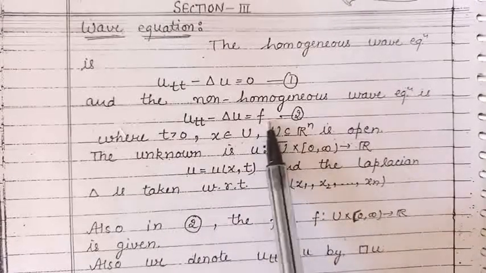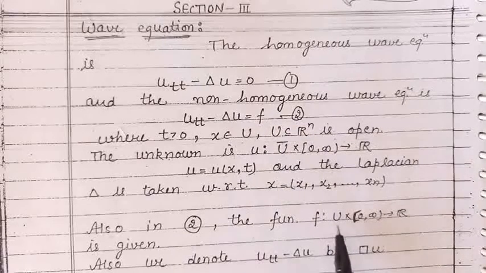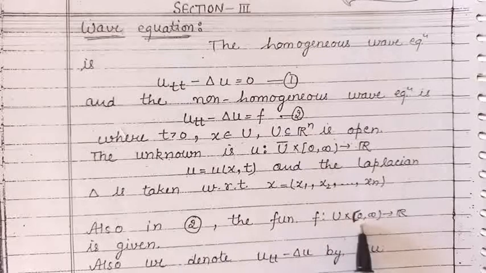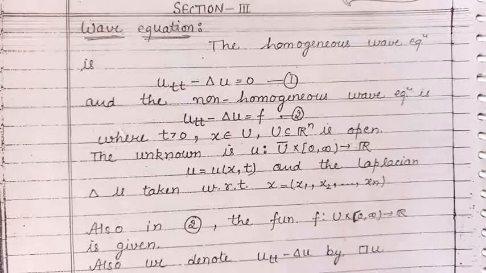This function f is a given function which is defined from U cross the semi-open interval 0 to infinity into R. So f is a real valued function which is known.